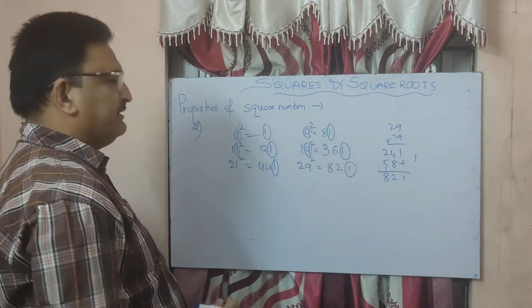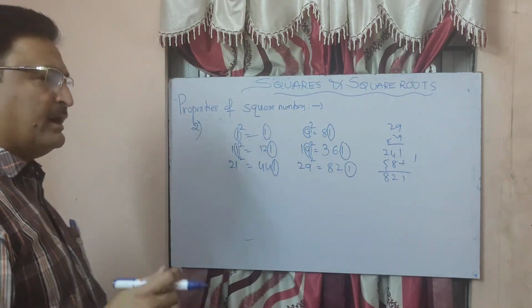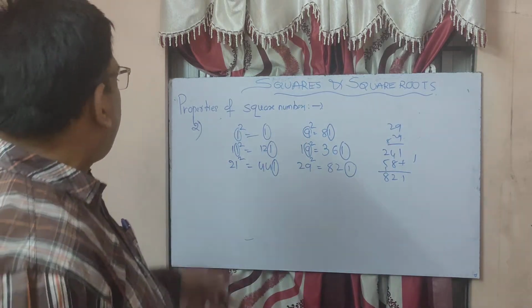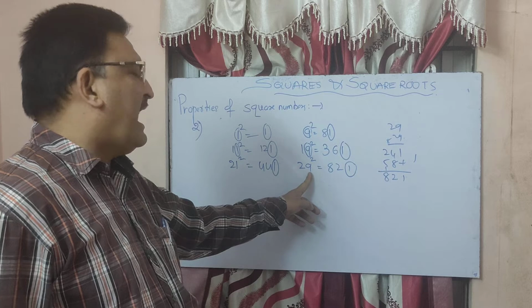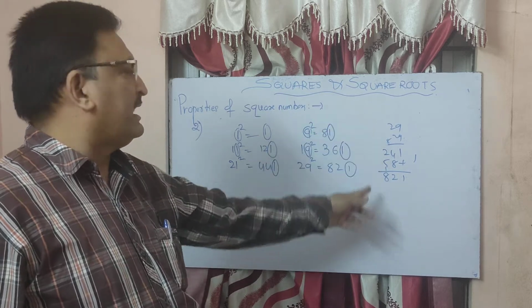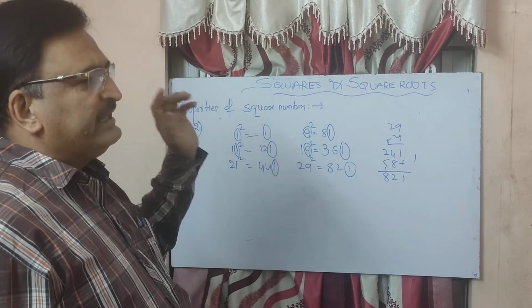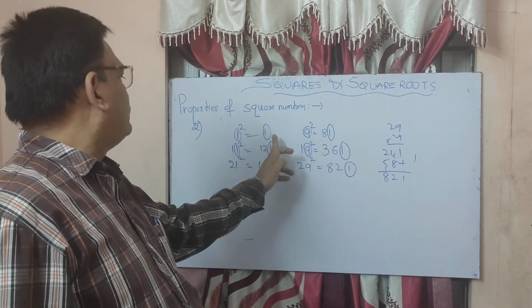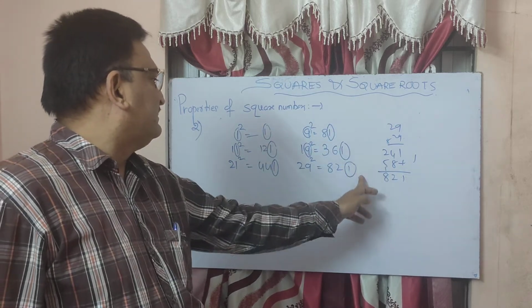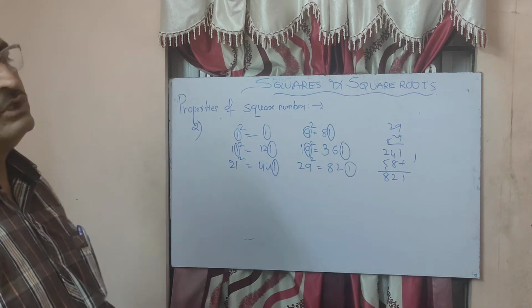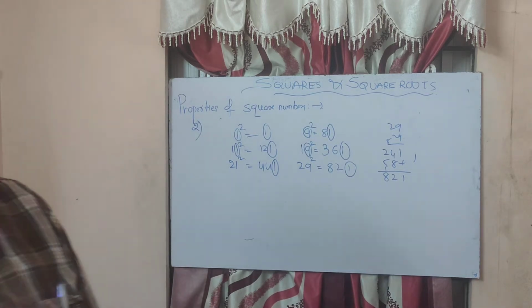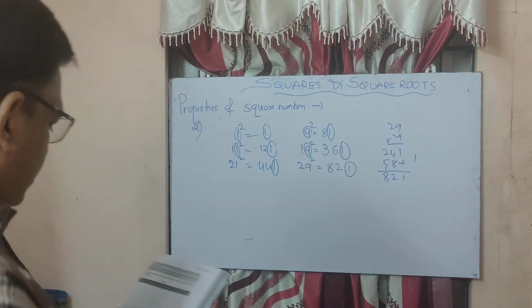The square of any number whose end numbers are 1 and 9, their perfect square will always have the end number as 1 only. This is also one of the properties that you have to write. What is the second property?